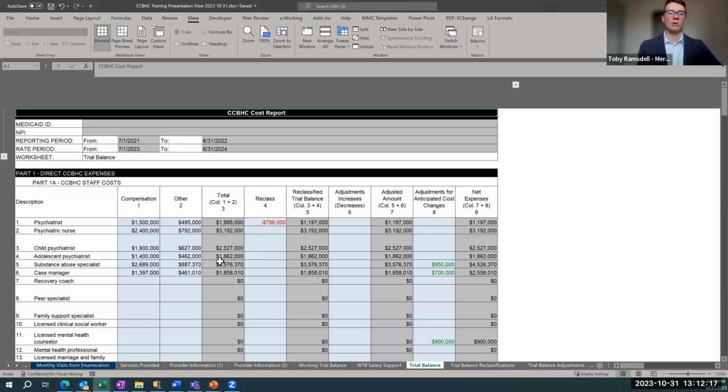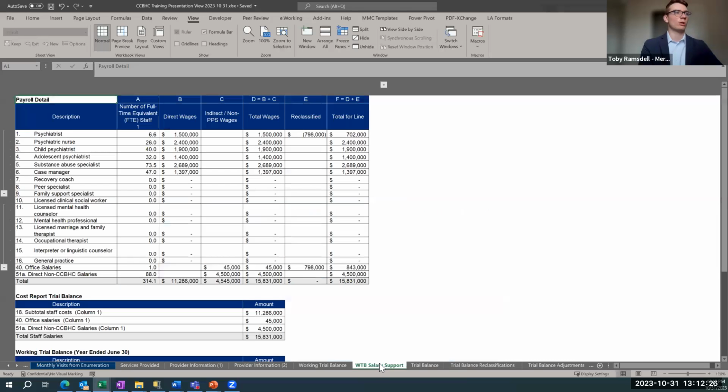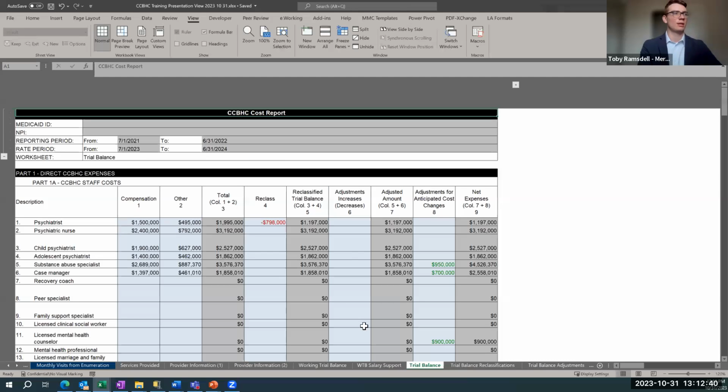So the example that we just walked through with the physicians that perform some administrative functions, you can see that if I go back to my working trial balance salary support, I should make a reclassification for this $798,000 amount from line 1 to line 40 because of the administrative time spent.